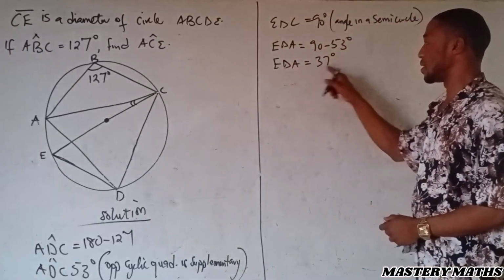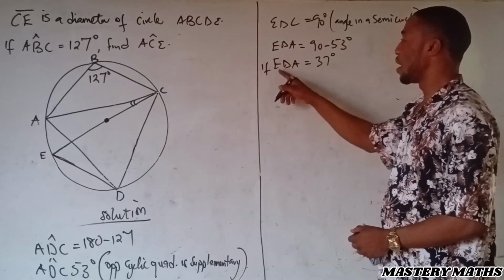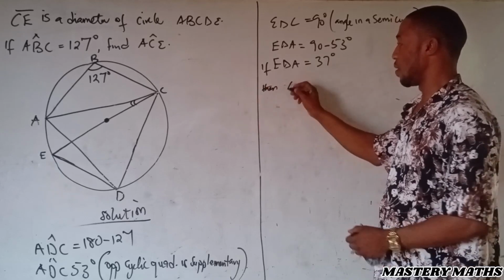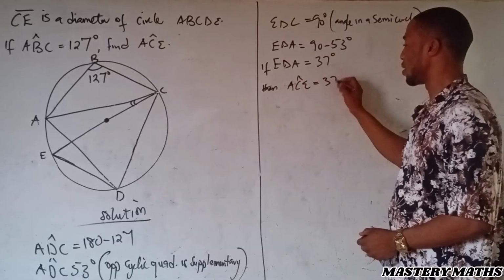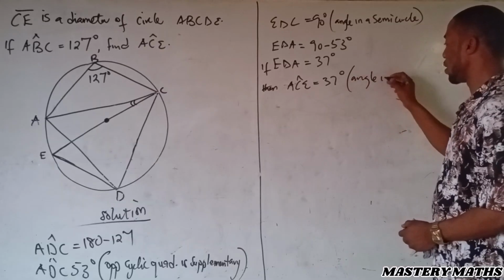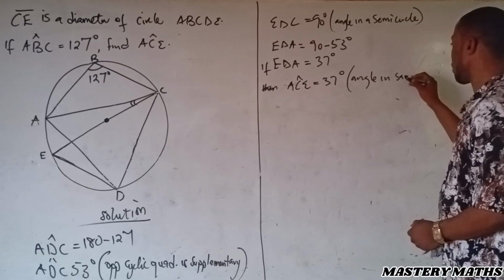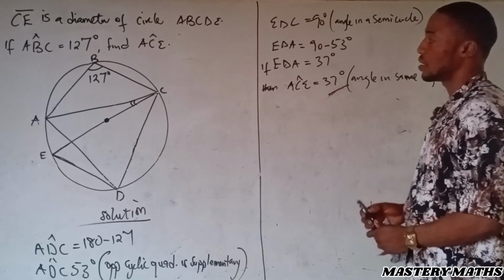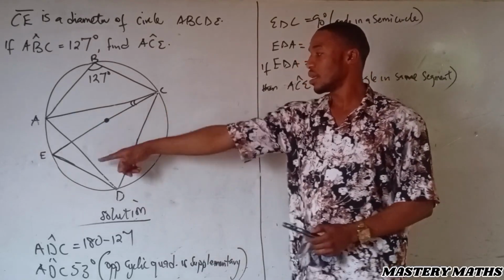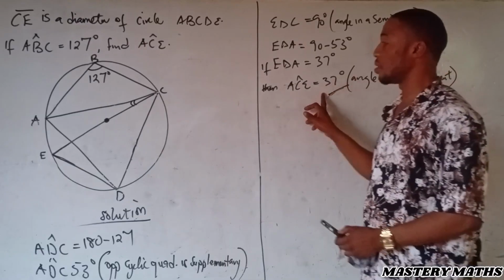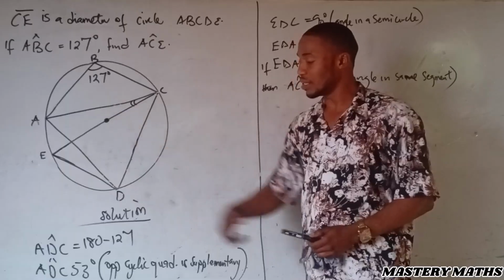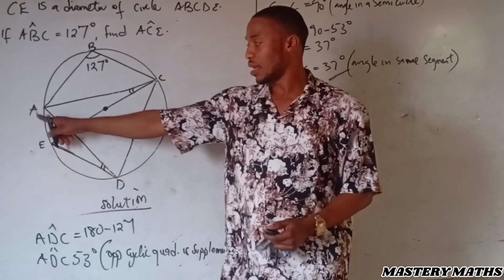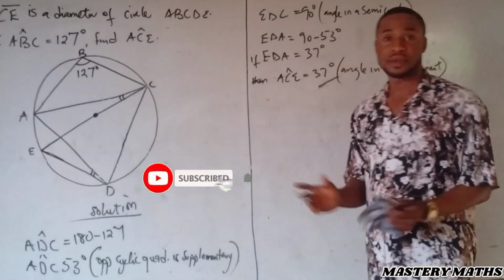We said our EDA is 37, therefore our ACE also gives us 37 degrees. Why? Angles in the same segment. So our ACE will be 37 degrees, because it's in the same segment as EDA. Very simple. Thank you.